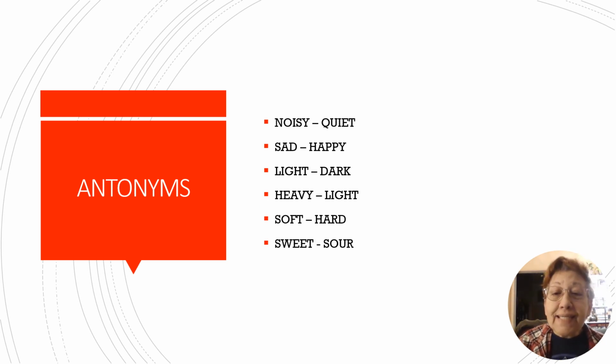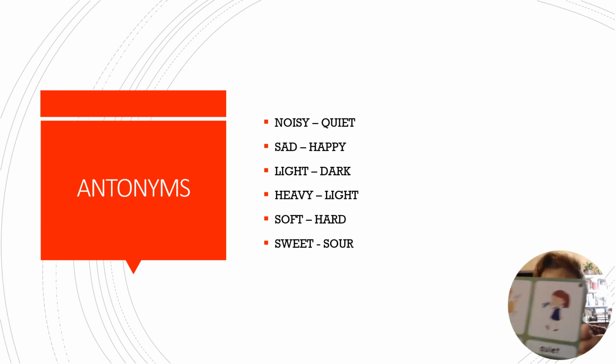So we have noisy and quiet. Noisy, quiet. Let's see. On the noisy side, we're going to see someone, it looks like, banging on a lid. And on the quiet side, you see the girl going shh, for quiet. Noisy is like screaming and yelling and stuff, right?